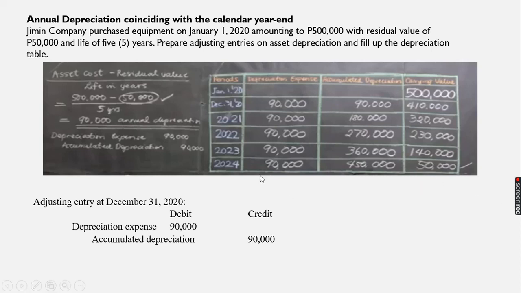And then, pag sa December 31, 2024 naman, may depreciation expense ulit siya na 90,000, i-less natin sa 140, makuha na lang natin yung ang matitira na lang, yung residual value o yung salvage value niya na sinabi dito, which is 50,000. Okay?